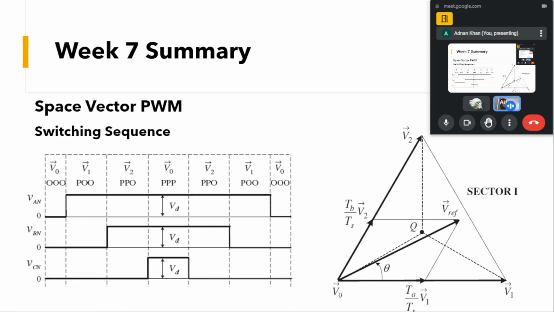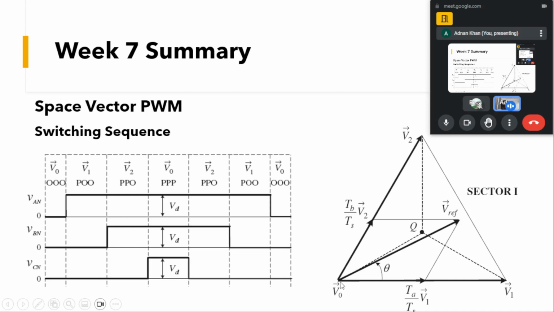I'll show you. If we start from 000, this vector, we first switch this 000 vector for a certain amount of time, then we switch p00, that means v1, and after that we switch pp0, that means v2, and after that we switch ppp.